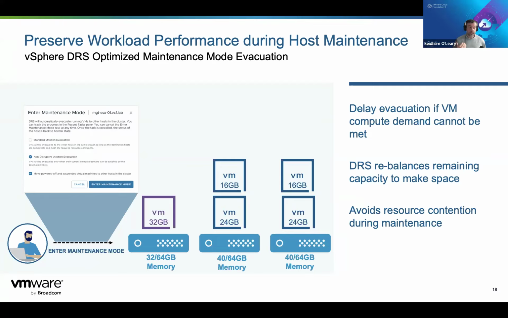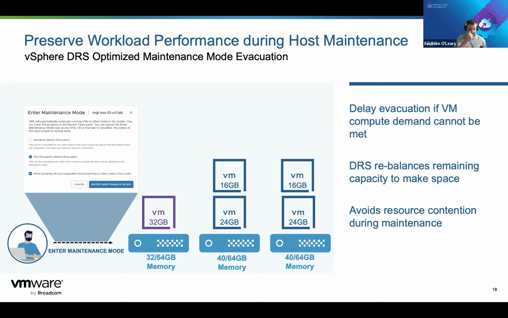Now, the option is called in the UI non-disruptive vMotion evacuation. And I really dislike that phrasing because it implies that the standard vMotion evacuation is somehow disruptive in a way. And that's not what we're trying to get across here. I am hoping PM will change that wording. I like to refer to it as DRS optimized maintenance mode evacuation.